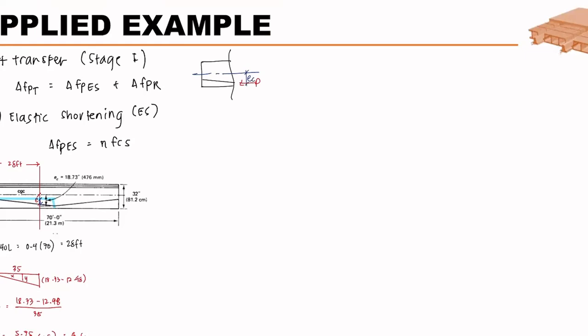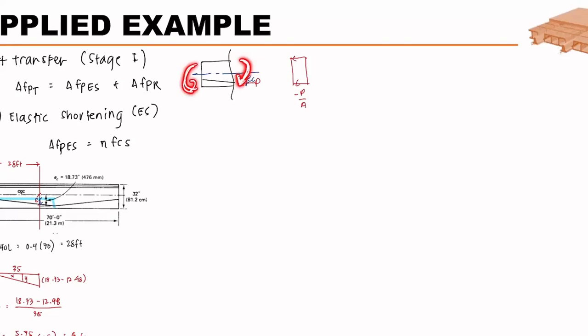So yung ating pre-stressing ay meron tayong negative P over A. And then, itong force na to, pag nag-rotate siya along sa neutral axis natin, iikot siya ng paganyan. So, pag paganyan yung beam natin, mag-deflect siya ng paganyan.